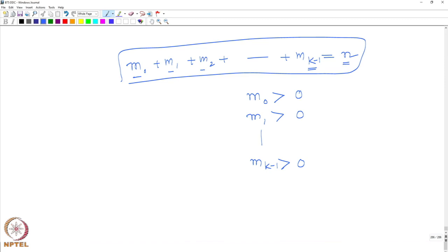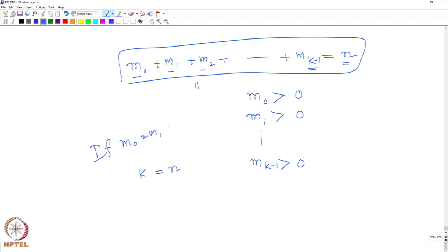So if all of them are equal to 1, then I have k to be exactly equal to n, right. If all of them are equal to 1, then this is equal to k and that is equal to n, right.